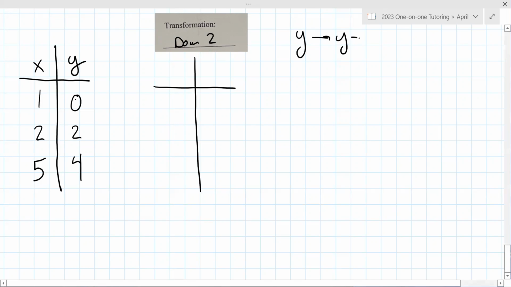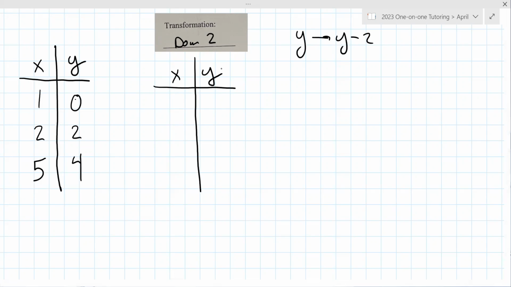Y becomes Y minus 2, which means you will subtract 2 from each Y value. That's right.